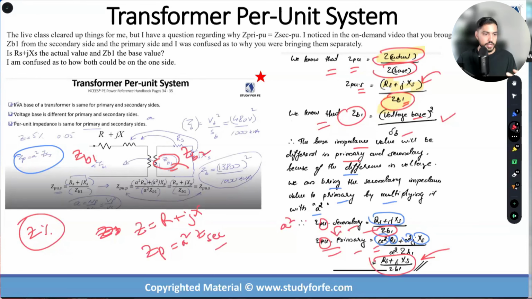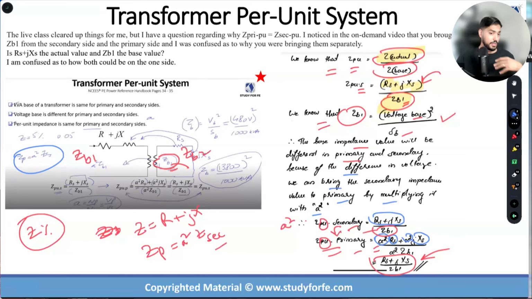I'm revisiting it in the context of transformers and the per unit system so you won't be confused or in doubt during the exam. Was it helpful? Any follow-up questions?